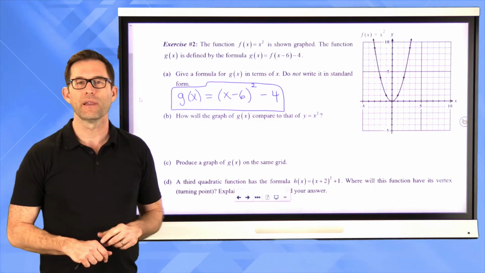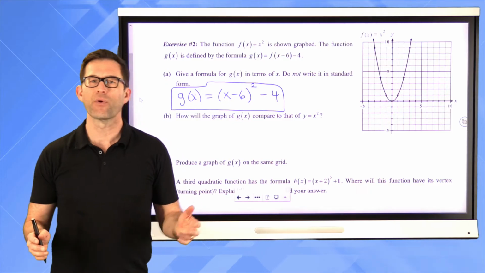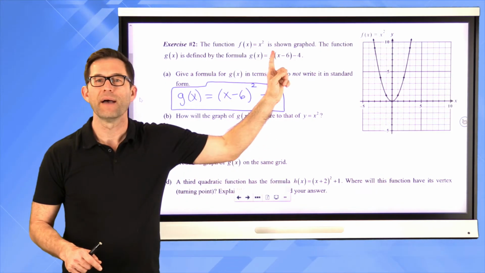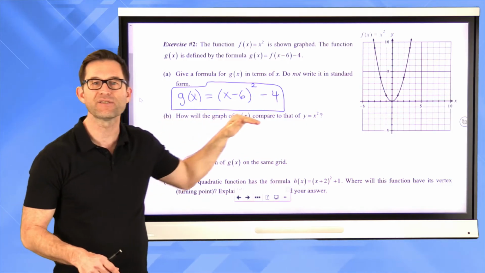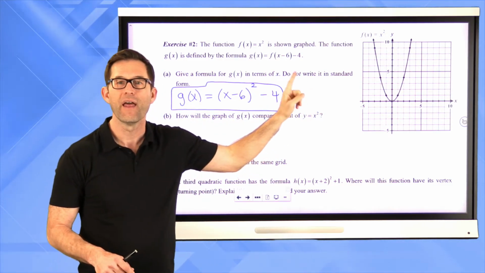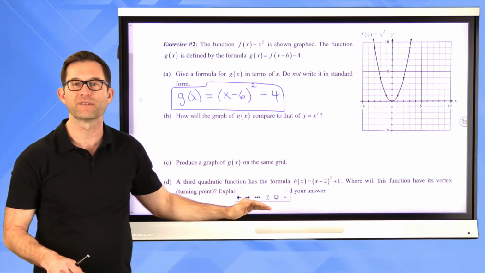Now let's take a look at letter B. How will the graph of g of x compare to that of y equals x squared? Well, this is what we did with horizontal and vertical shifting. I subtracted 6 from x directly, and that's going to move it 6 units to the right. Then I've subtracted 4 overall, and that's going to move it 4 units down.